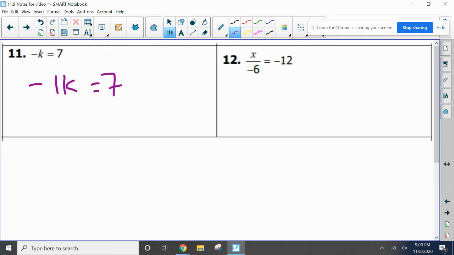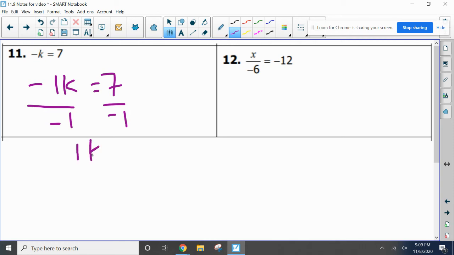So on 11, you might have said 11 is done. I have negative k. Remember, I want k, not negative k. So k is being multiplied by the assumed 1 there, so negative 1. So I'm going to divide both sides by negative 1. And negative 1 over negative 1 is simply 1.